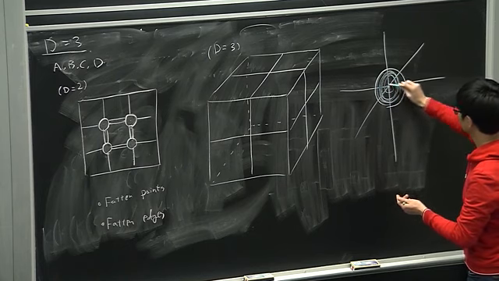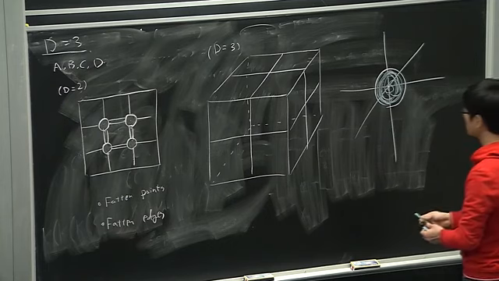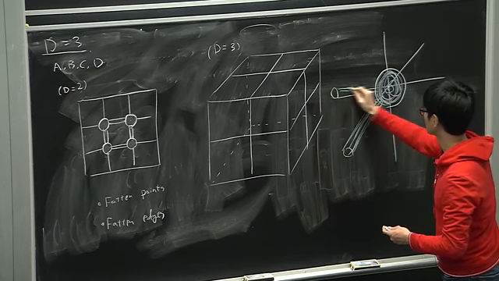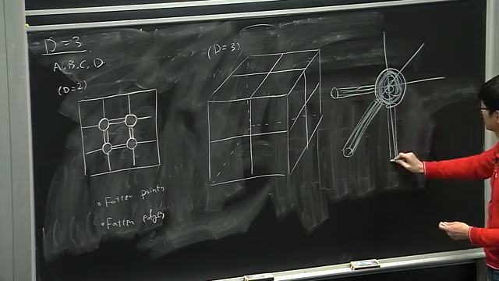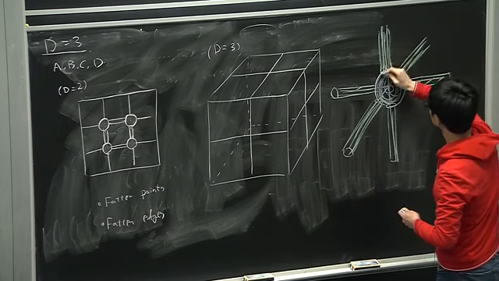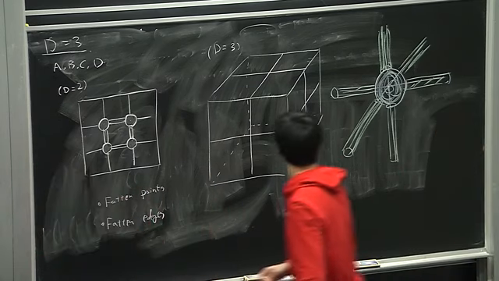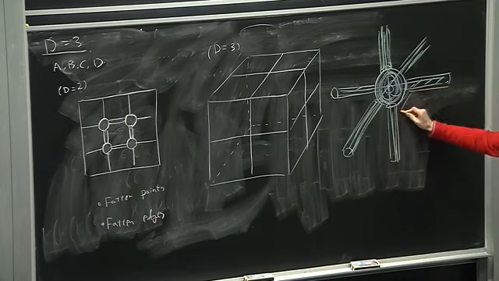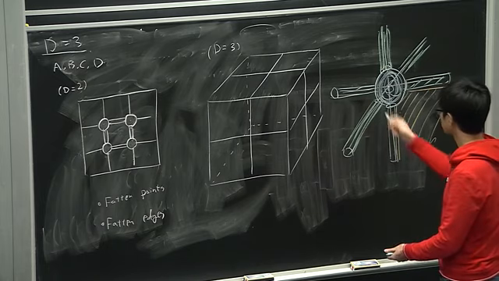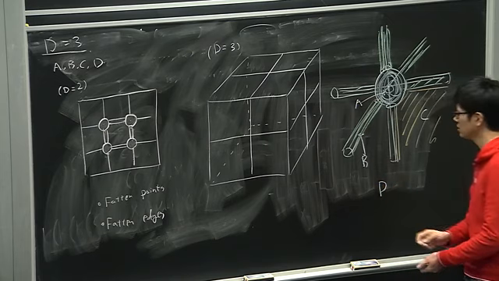So first we fatten the zero-dimensional object. Then next, we enlarge these lines by putting some tube. Okay. Then finally, we make the plane thicker. Then we call this point A, edge B, plane C, and the remaining volume D.